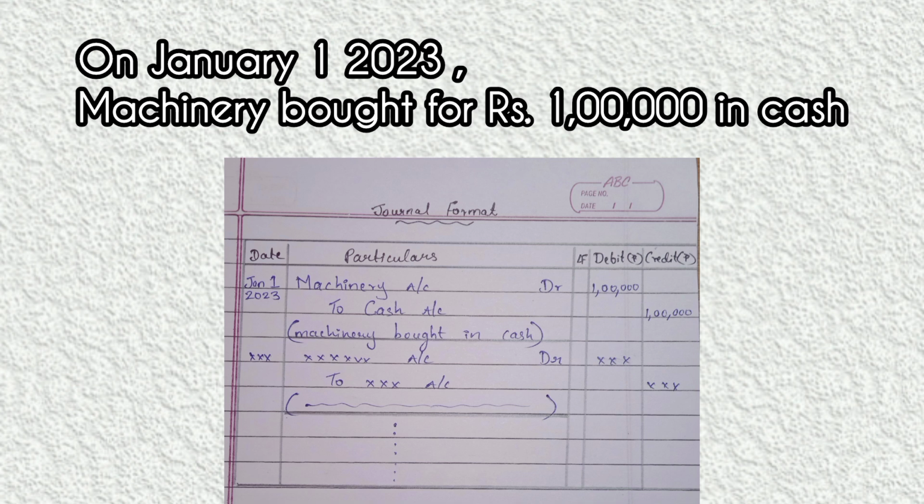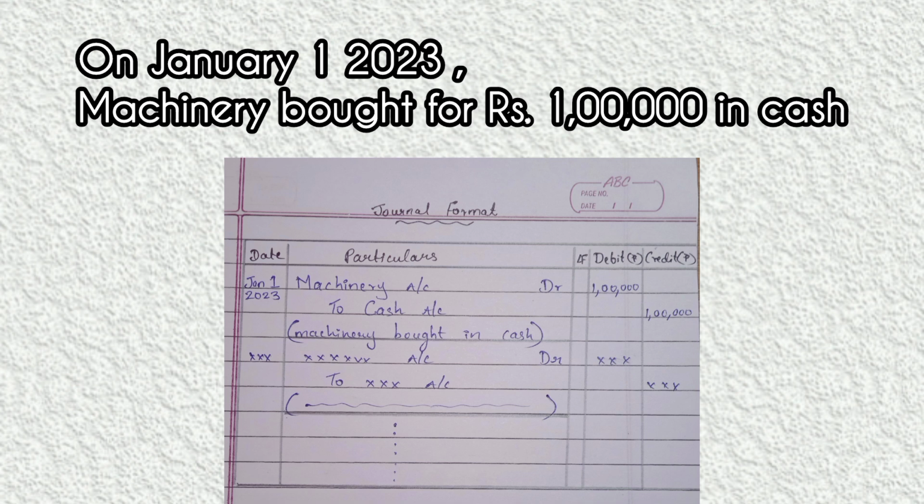In the bracket we write: machinery bought in cash. In the debit and credit columns we write the amount of the transaction. Here it's 1 lakh, so we write 1 lakh against machinery account in the debit column, and 1 lakh against cash account in the credit column. I hope it's clear.